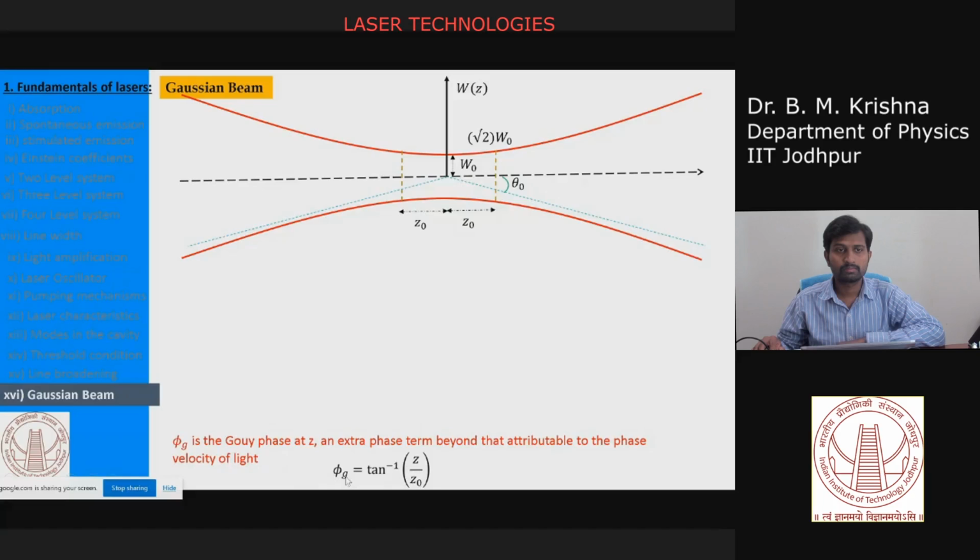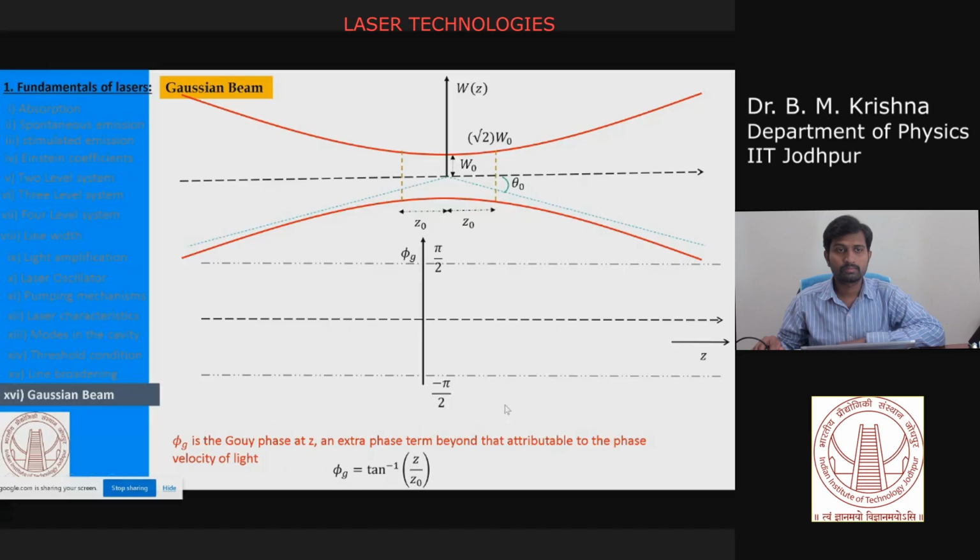So that is phi of g equals tan inverse of z by z naught. z is your beam propagation direction. At different positions you can calculate the Gouy phase shift like this. So now along the z direction, this is the Gouy phase shift. Okay, this is pi by 2 and minus pi by 2, the shift I plot along the y axis.